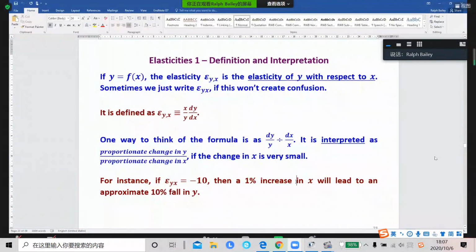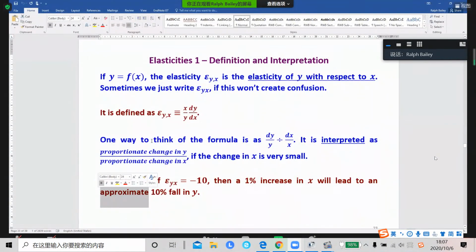What's the interpretation? Well, suppose it comes out as -10. What it's saying is that a 1% increase in x leads approximately to a 10% fall in y. That word approximately there is needed.